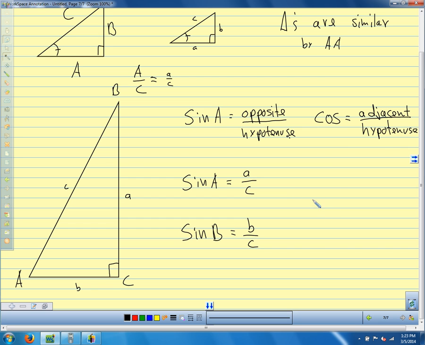We name it the cosine. On our graphic organizer, they label the sides for us. So what is the adjacent side to angle A? What side is next to angle A? B. The hypotenuse is always the hypotenuse. So the cosine of A is B over the hypotenuse C.